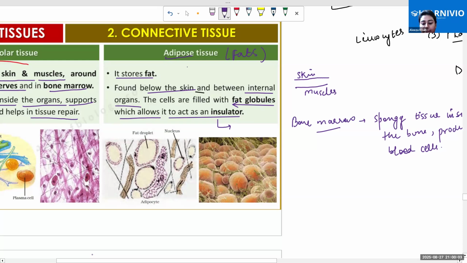Adequate amount of fat should be there in the body. Why? Any idea? I'm asking why adequate amount of fat should be there in the body. Not excessive fat, because it can lead to obesity only. But some amount of fat is required. Why? To keep our bodies warm. Your body warm. Okay.